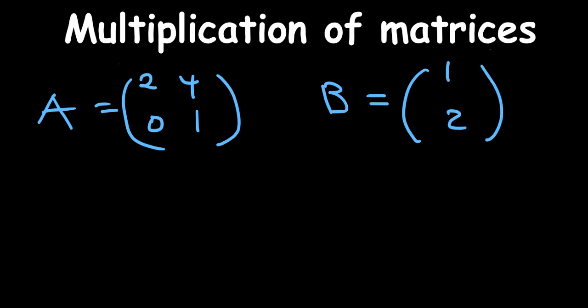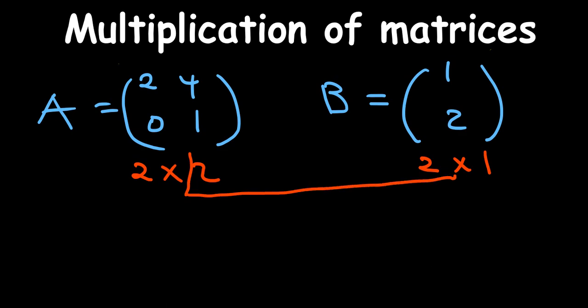Okay, so before we multiply these two matrices, you check the order. The order of this one is 2 by 2. Then the order of this one is what? 2 by 1. As long as these two numbers are equal, then we can multiply.